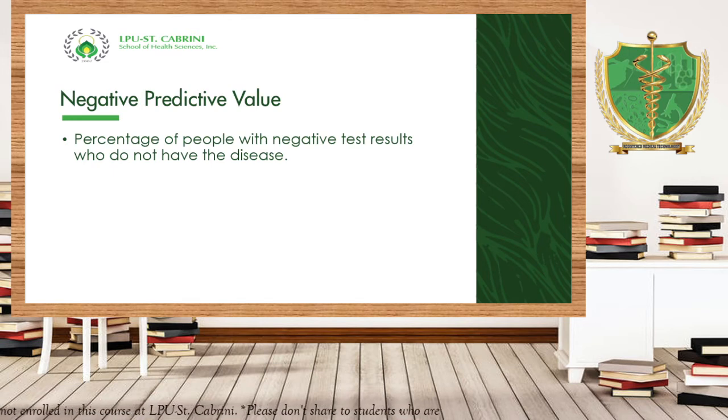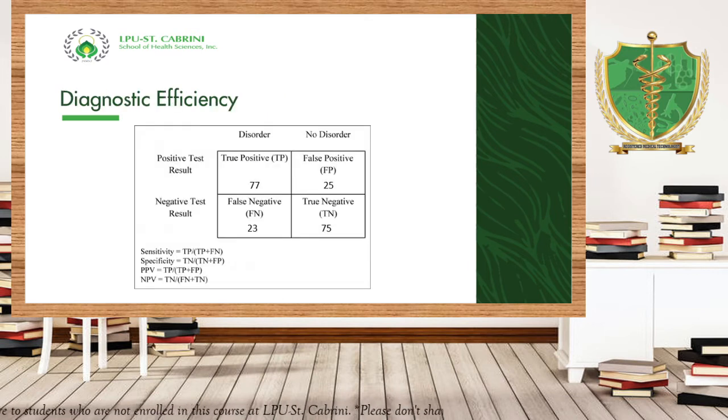Saan po natin naririnig yung specificity and sensitivity? Sa mga rapid test kits, no? Yung mga kit nila, mayroong specificity and sensitivity of their analysis. Okay? So we have here the sensitivity and specificity. Sensitivity is equal to TP divided by TP plus FN, so that is true positive divided by true positive plus false negative.